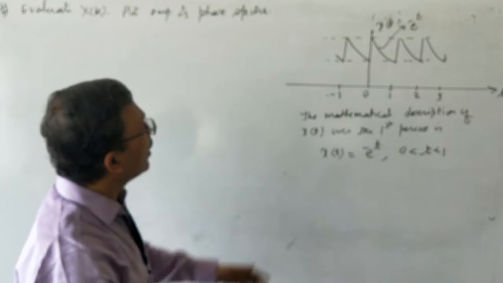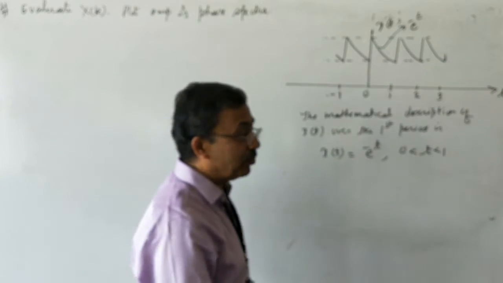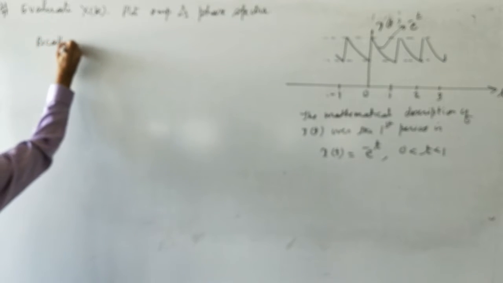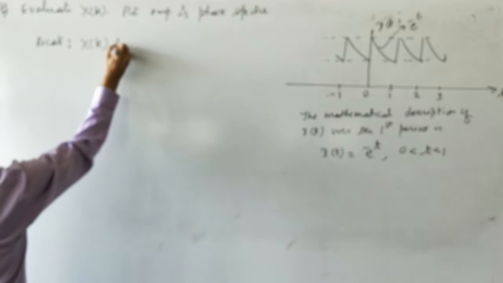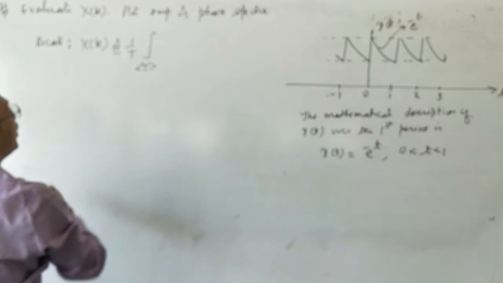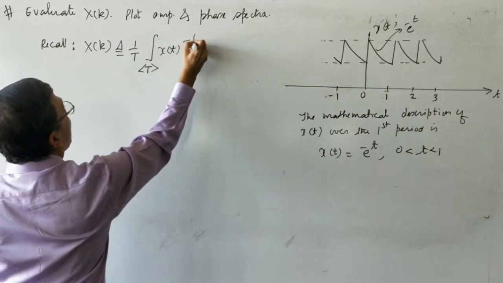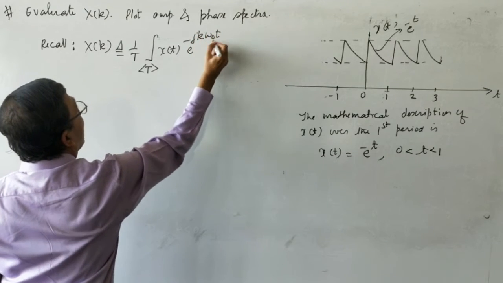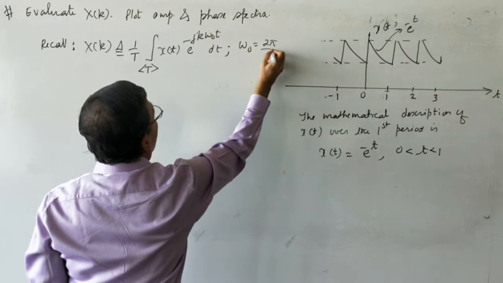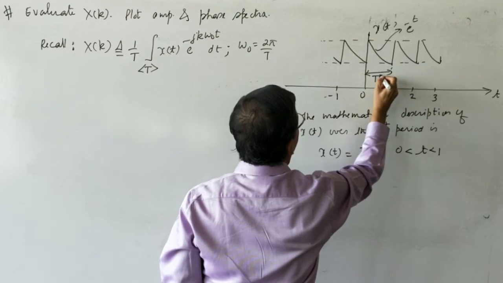The equation is already given, so you need not find the equation as we did in the previous problem. Recall, x of k by definition is 1 by T, integration with respect to t over one period, limits left to you, x of t into e to the power minus jk omega naught t dt. Omega naught is what? 2 pi by T. What is T here? T is 1 second.